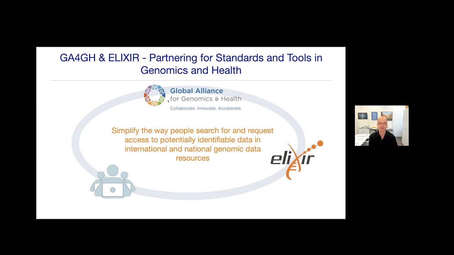In Switzerland, the local node is the Swiss Institute of Bioinformatics, obviously, right? And ELIXIR became a direct partner of GA4GH because they have very overlapping core messages, to simplify the way people search and request access to data in international and national genomic data resources.